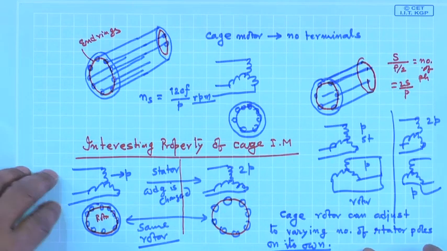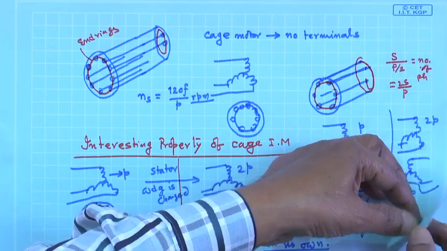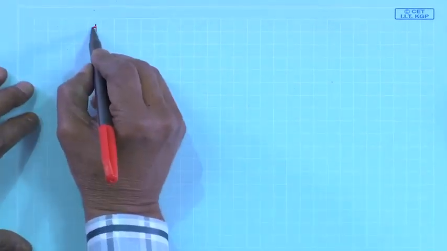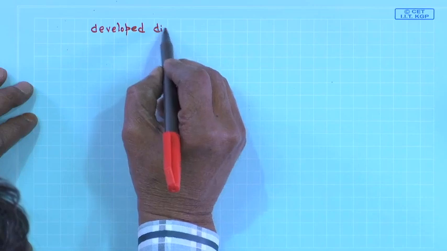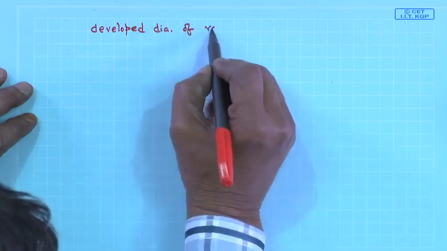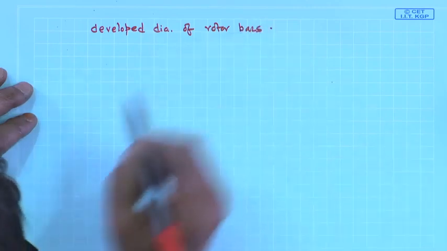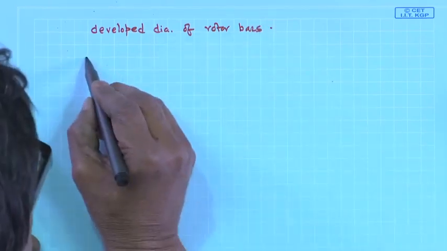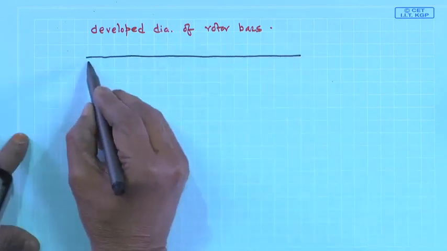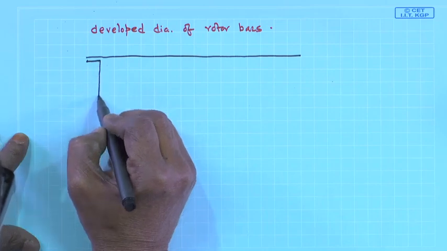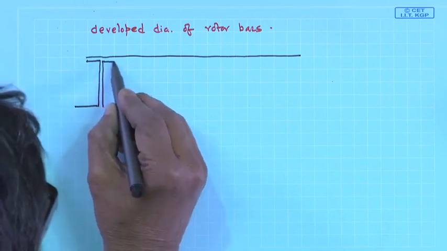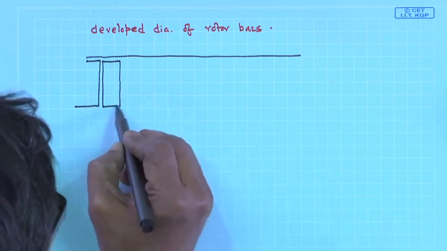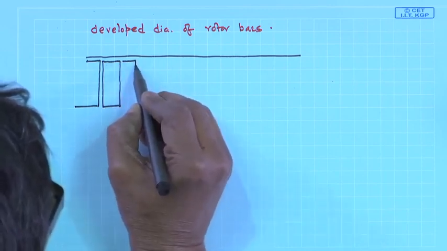Okay. Now, the question is why it is like this. It is because of the fact, if you draw the developed diagram of the cage bar, it will be like this. Let me draw a few at least.